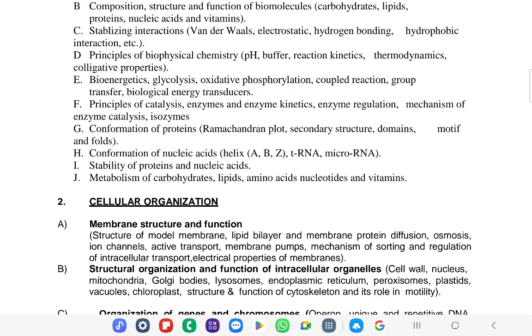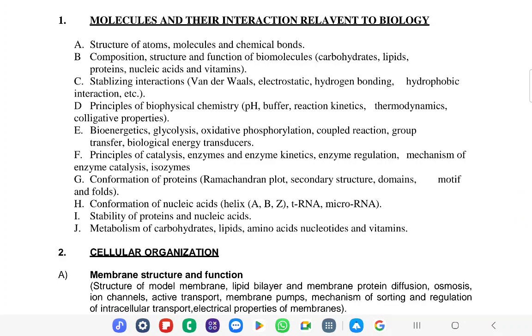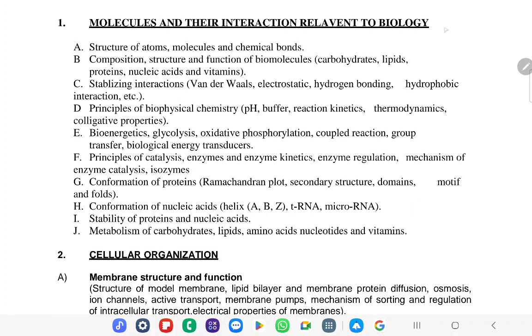Stability of proteins and nucleic acids. Metabolism of carbohydrates, lipids, amino acids, and vitamins. This first unit has subunits A to J, which is 9 subtopics.